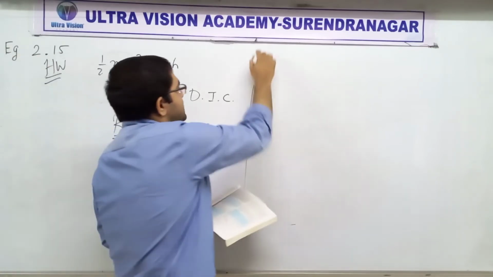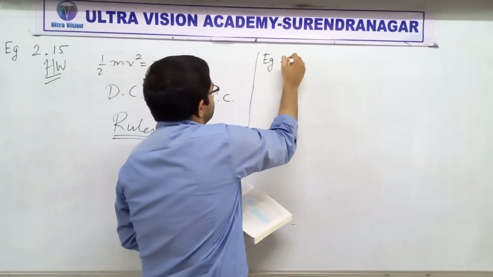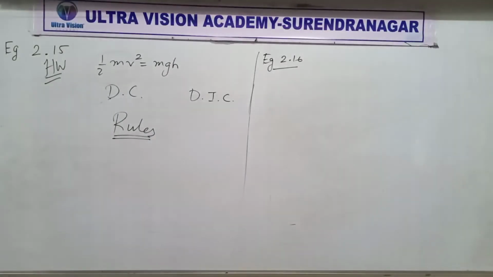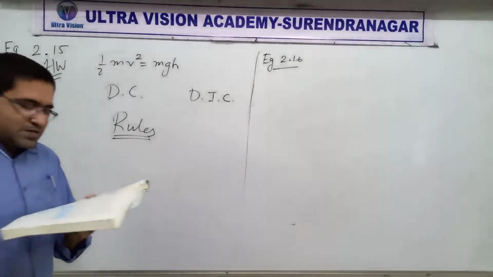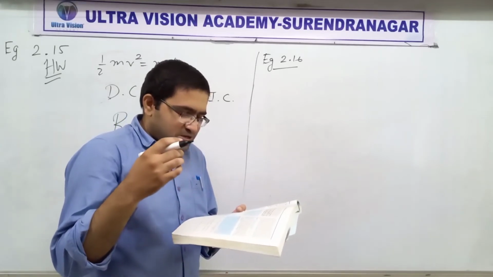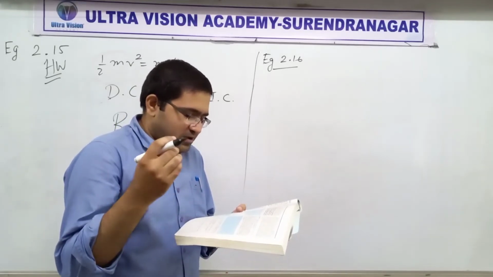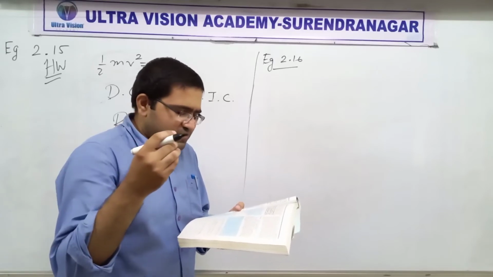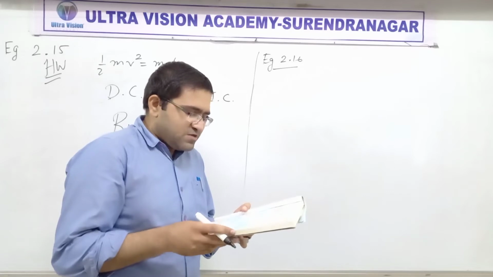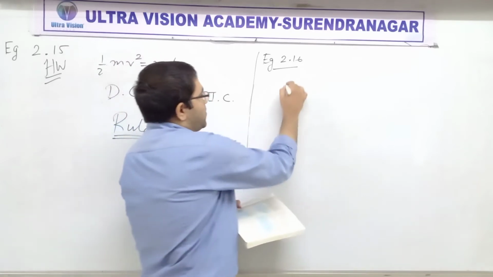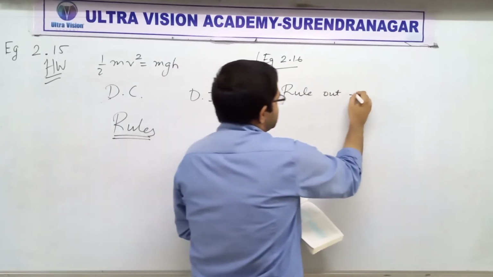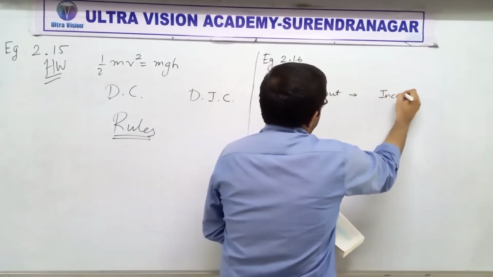Now 16. Alright, question 16. Example again. It is saying that the SI unit of energy is this, speed is meter per second, acceleration is meter per second square. Which of the following formulas for kinetic energy given below can you rule out? Rule out means you can say is wrong or incorrect.